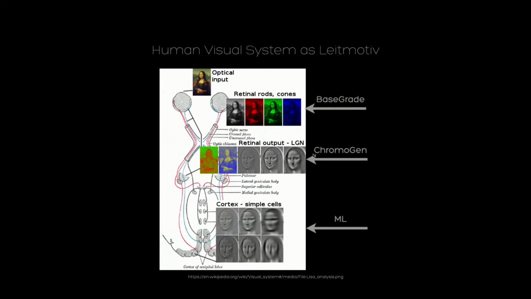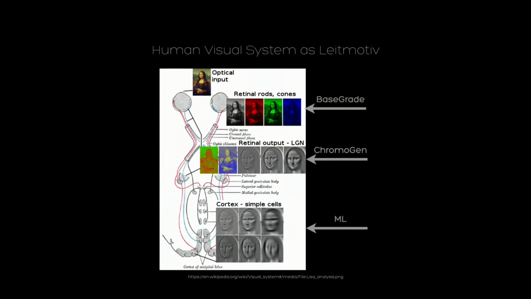Our primary grading tool, BaseGrade, is operating in the cone space, in LMS, which is why it's called BaseGrade, because it's the first process in the human visual system, and with BaseGrade you can basically adjust the input signal, the cone excitation.